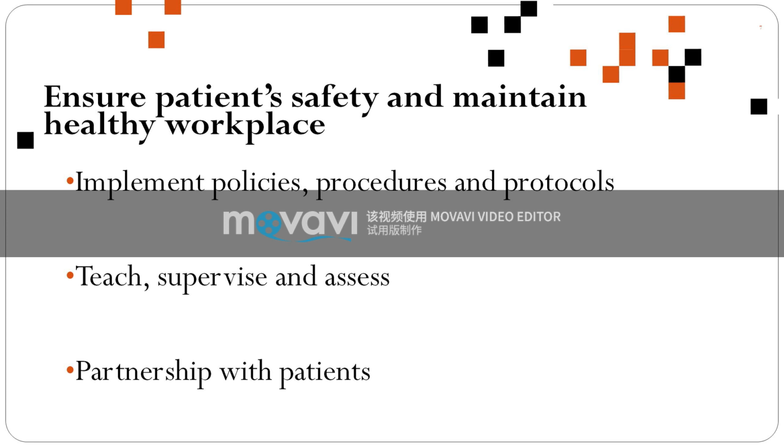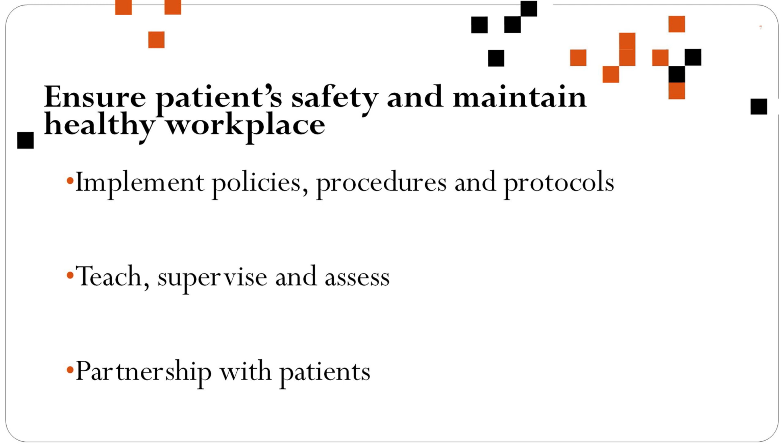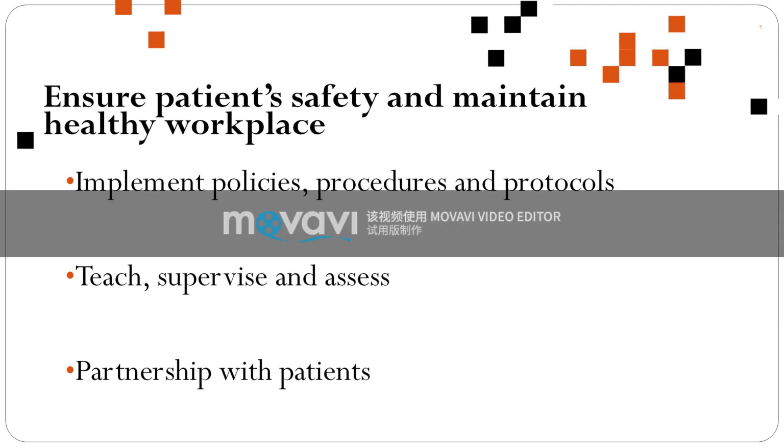Nurses are required to keep themselves, co-workers, and patients in a safe and healthy environment. Therefore, it is a responsibility for all nurses to teach, supervise, and assess students and other nurses to make sure the highest infection control standards are performed across the profession.